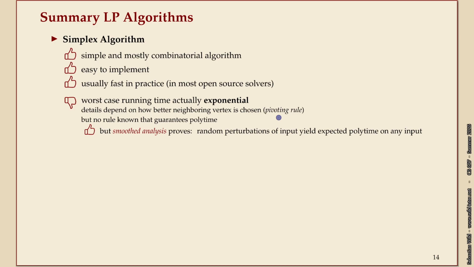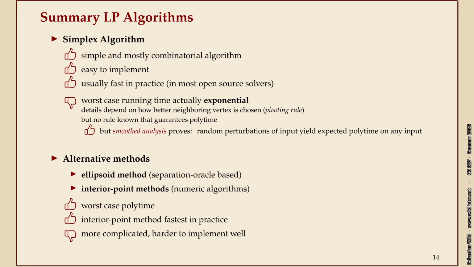And that affects how long it takes, but there's no such rule known that guarantees polynomial time. On the other hand, it is known that if you take any input and you slightly modify the numbers in it, you actually get an expected polytime algorithm with simplex. That's called smoothed analysis. I'm just mentioning this here because it kind of fits the theme of the lecture. But we're not going to dig into any of this in more detail.